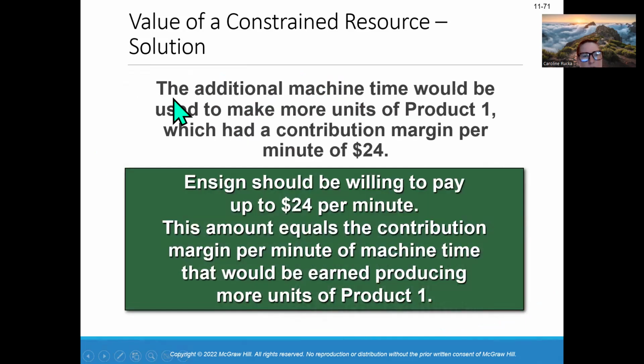So the additional machine time would be used to make more units of product one because we're already meeting our demand for product two. Product one has a contribution margin of $24 per unit. So you should be willing to pay $24 per minute for more machine time because it takes 1 minute to make one of these units. So that's your break-even point. Okay. Anything less expensive than that, and your more machine hours equal profit.